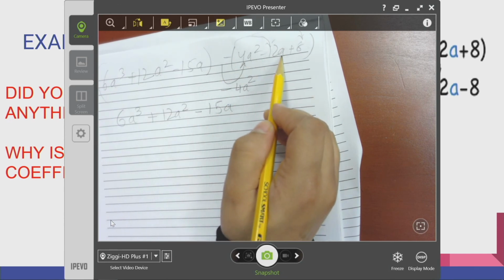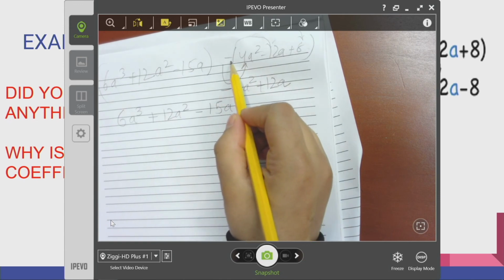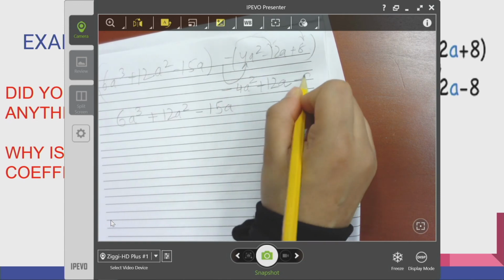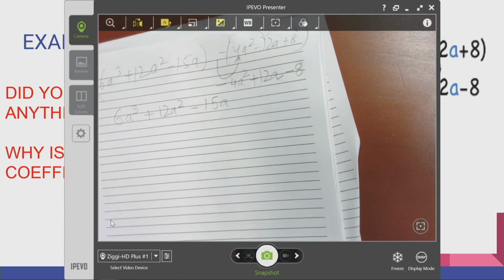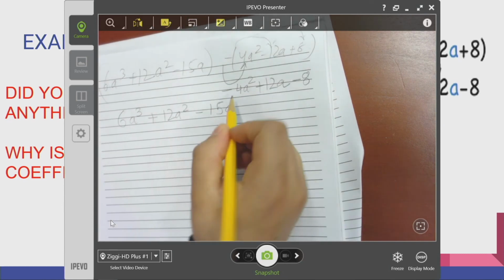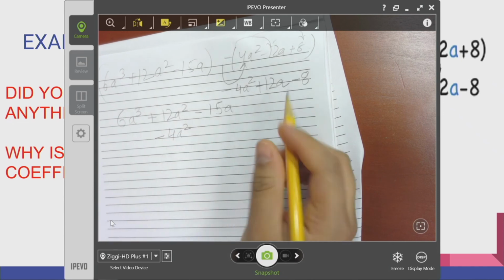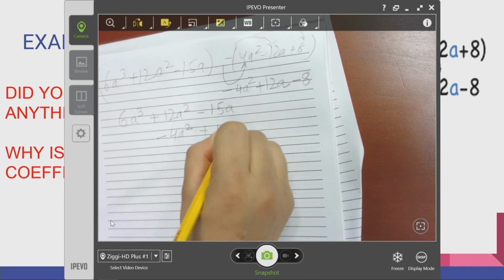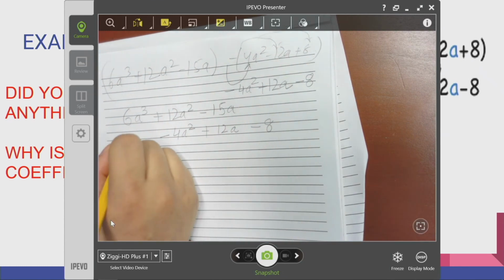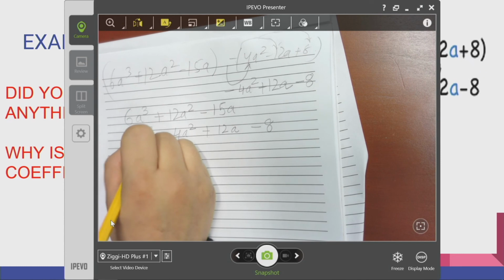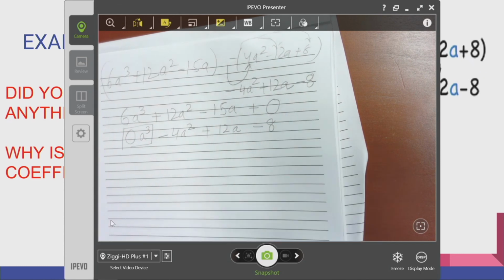Negative times negative 12a is plus 12a, and negative times 8 is negative 8. So now we will write it down under our first expression: negative 4a squared plus 12a minus 8. We have to place a placeholder 0 because we don't have any a cube term.